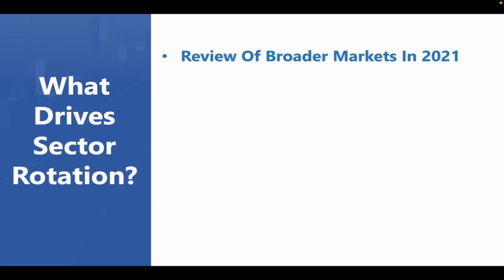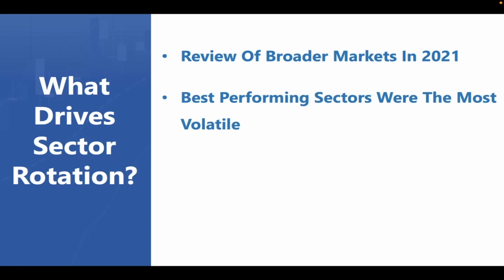So what does drive this rotation, these money flows in and out of these various sectors? Well, in today's review, we're going to take a look at 2021. This way we can get a view of a full 12-month period. You will, in fact, see how big of a play sector rotation was for those individuals that outperformed the markets, and certainly professionals as well.